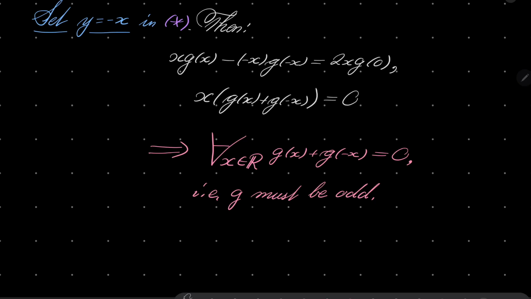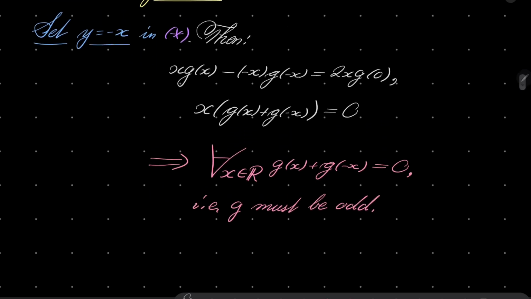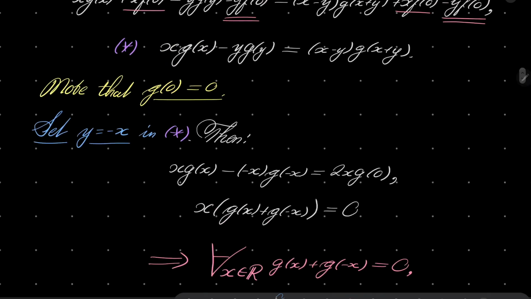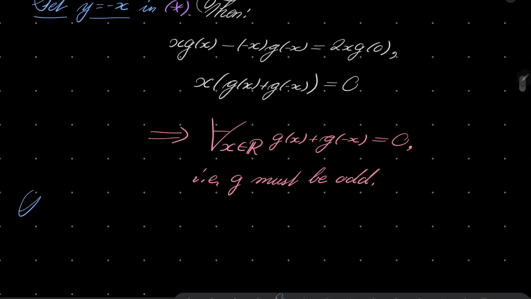And now let's go back to our equation. What I wish to do is to replace y by minus y in our functional equation asterisk.